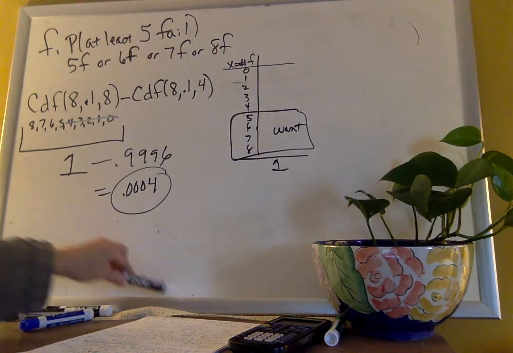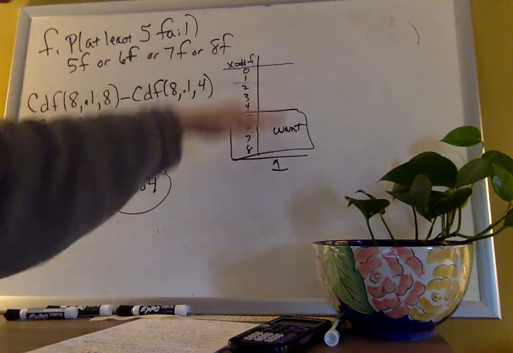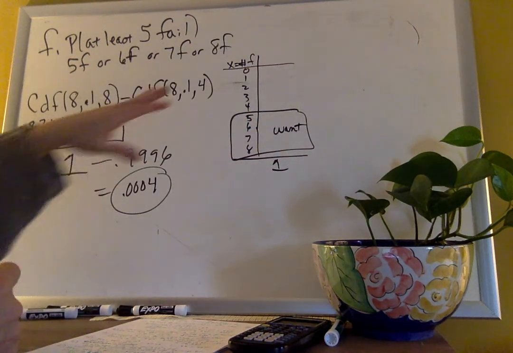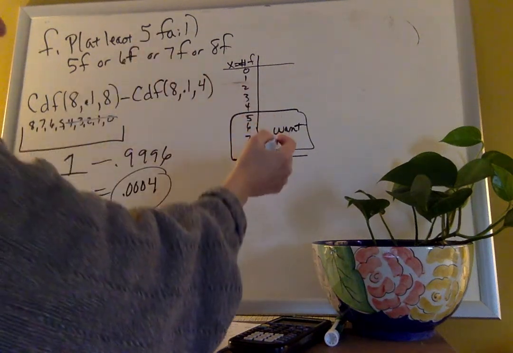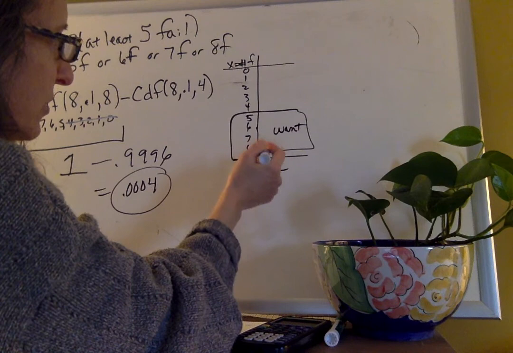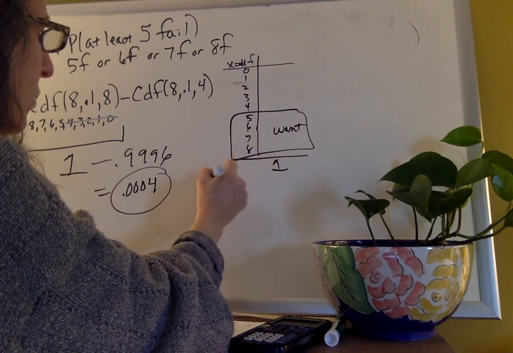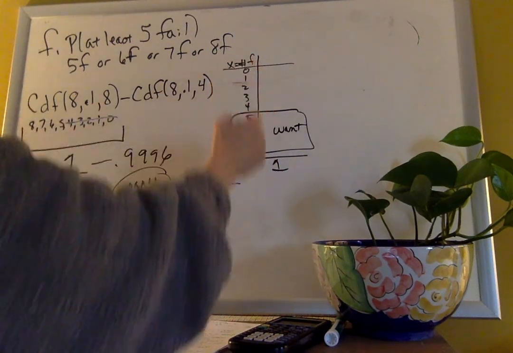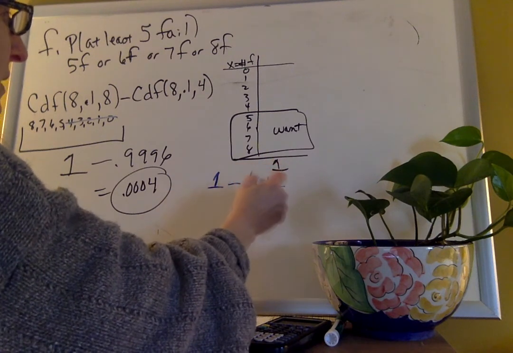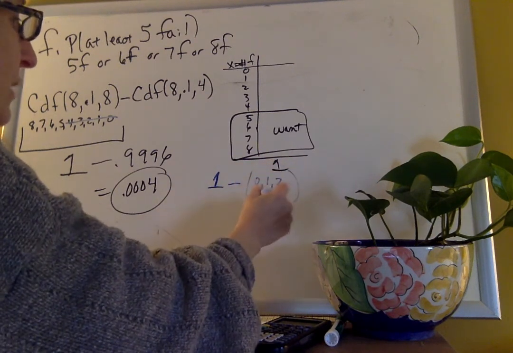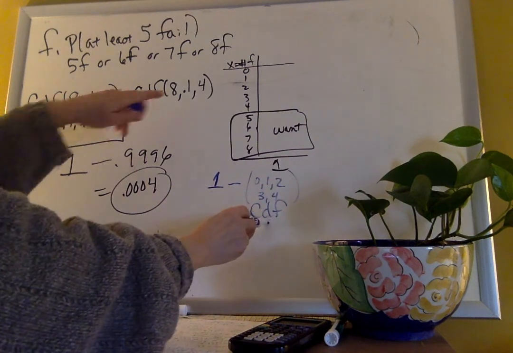Now, when you were drawing this picture, this would have probably helped you realize how to set it up. Because a lot of times when we circle stuff, we do a 1 minus. 1 minus, what did I not circle? Oh, the 0 and the 1 and the 2 and the 3 and the 4. Oh, great, that's a CDF at 4, right?